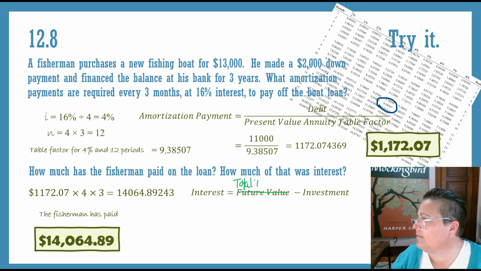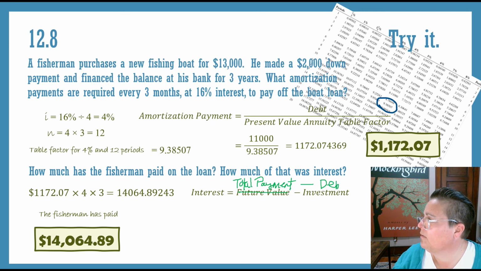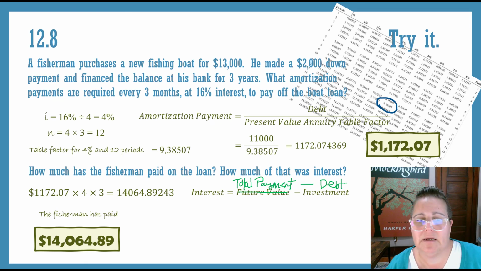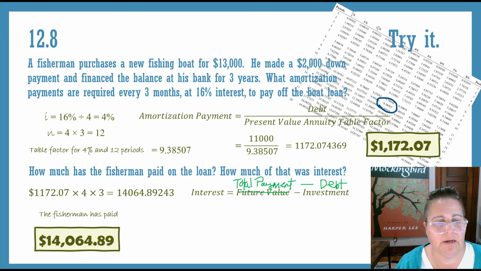Total payments. That's what you get for copying and pasting. Total payments minus the original debt. Okay. That's how we're going to find that. I will switch that in the original, but we need to make sure we got that clear.